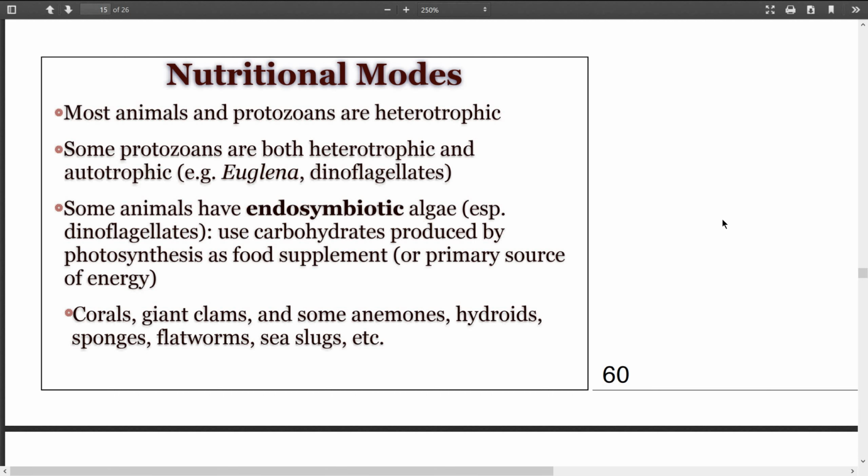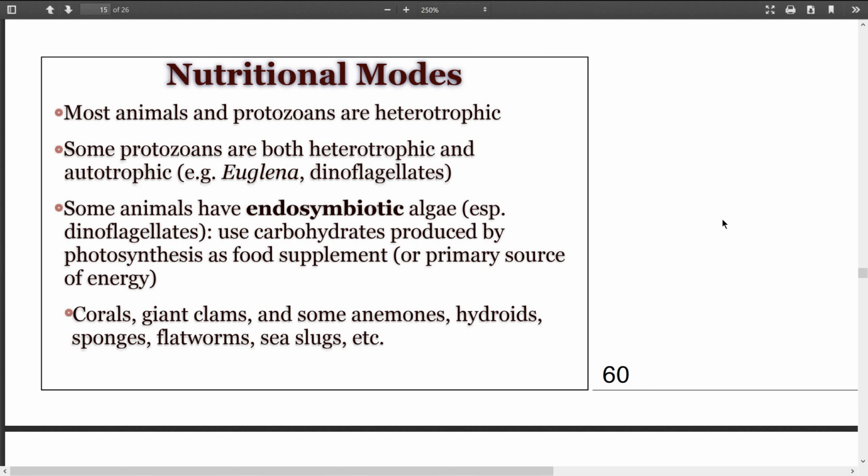But remember, there's so much variation amongst the protozoans that there are lots of protozoans that can kind of be mixotrophic. They can be both. They can be heterotrophic and autotrophic, that is photosynthesize. So Euglena, which I mentioned here, but we didn't actually see in lab, Euglenas and other similar protozoans, for example, often have chloroplasts, and so they are able to photosynthesize.